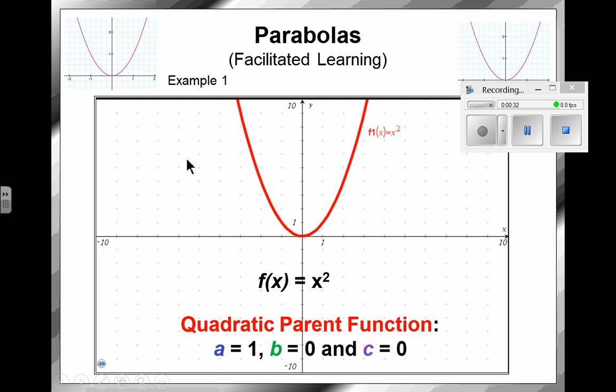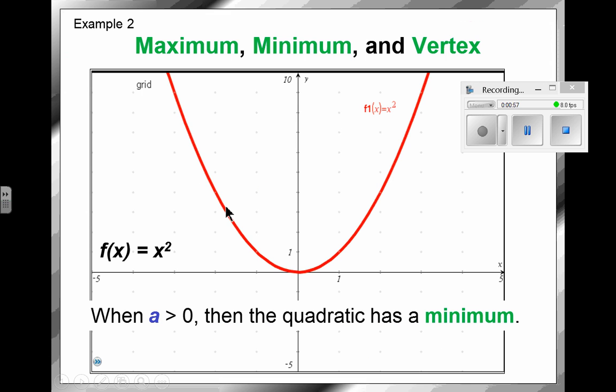But let's look at this, which is more like what we did in class. This is what the graph of f1 of x equals x squared looks like. It's this curve. Notice that it is symmetric about the y-axis, and it has a lowest point, which we call a vertex.